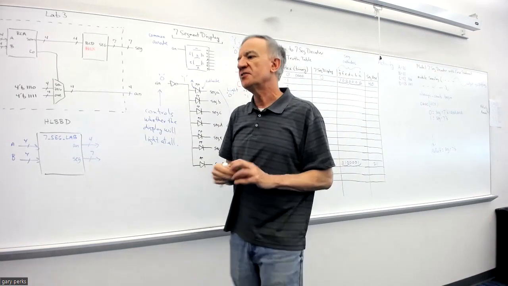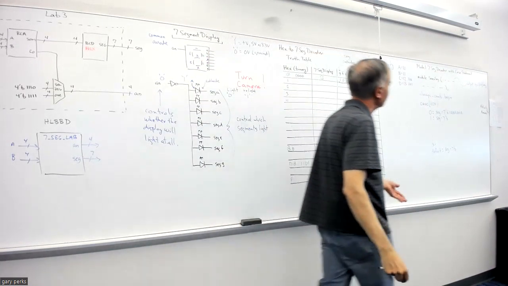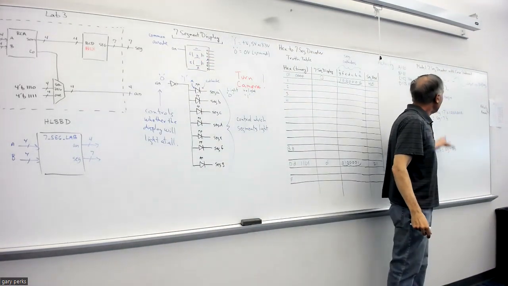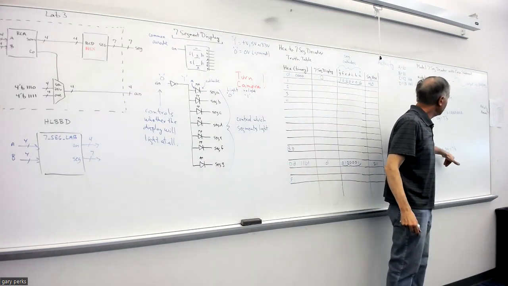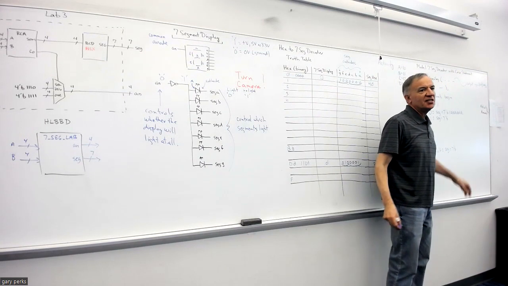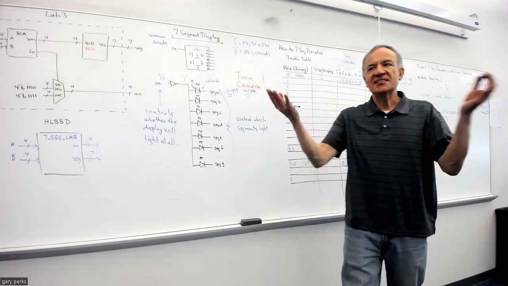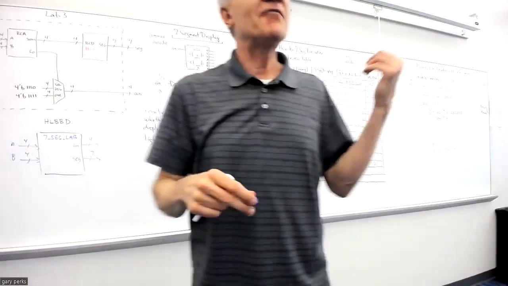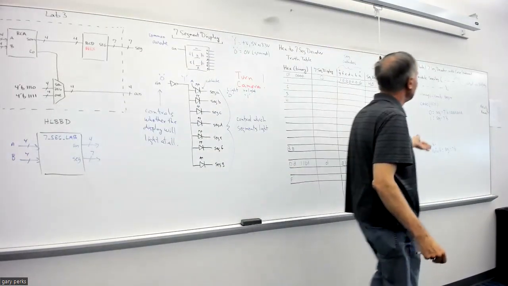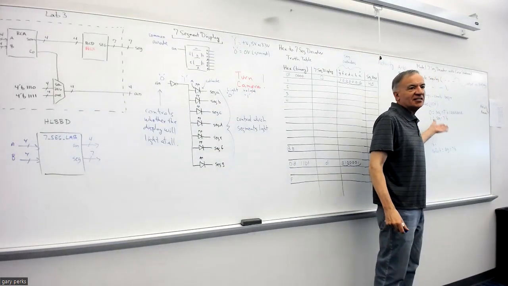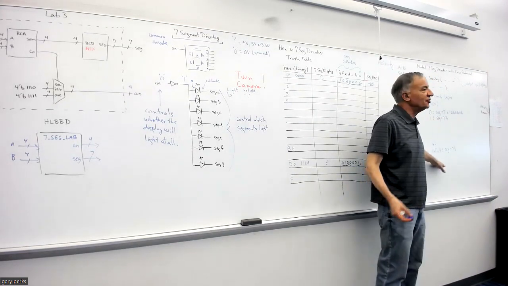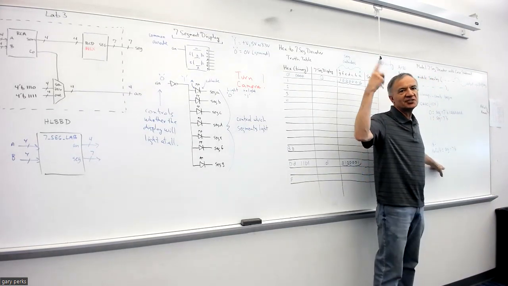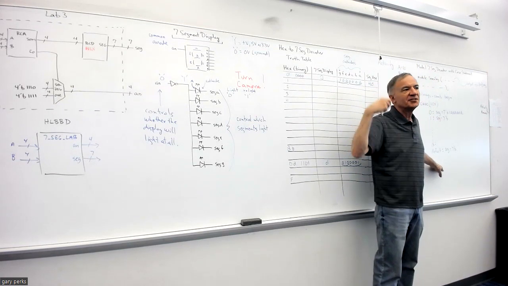The purpose of the default is that if by some chance the code didn't match any of these options, this is what gets used. The default is like a safety net. If you don't have a default and the code doesn't match any of these options in the case, you can get a situation where your code is just stuck.